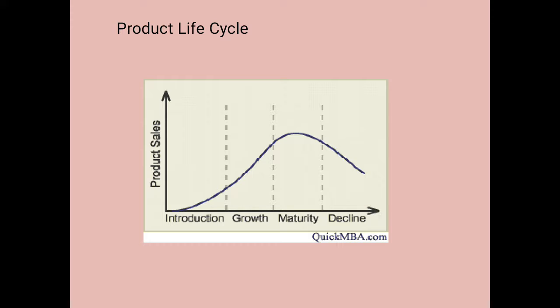After introduction there is a period of steep growth in product sales. And then when it reaches maturity, there is some kind of stagnation, and if a marketer is not going for appropriate strategies at this point of time, there is every possibility that the product will start declining.